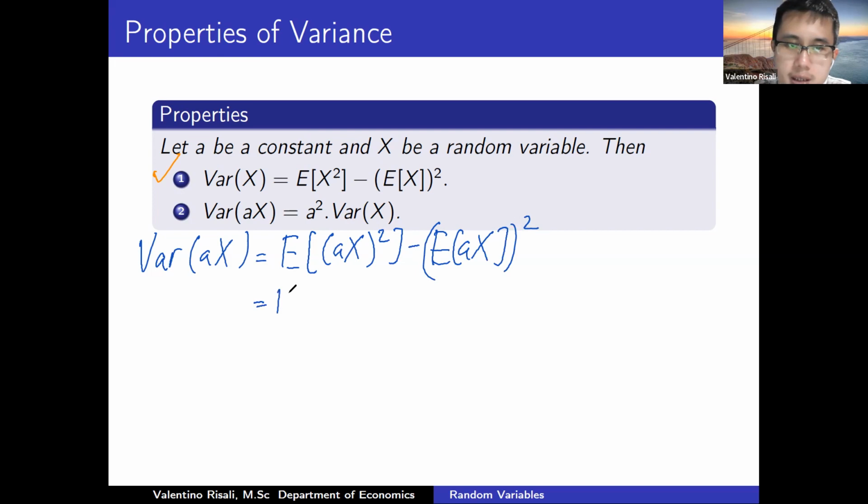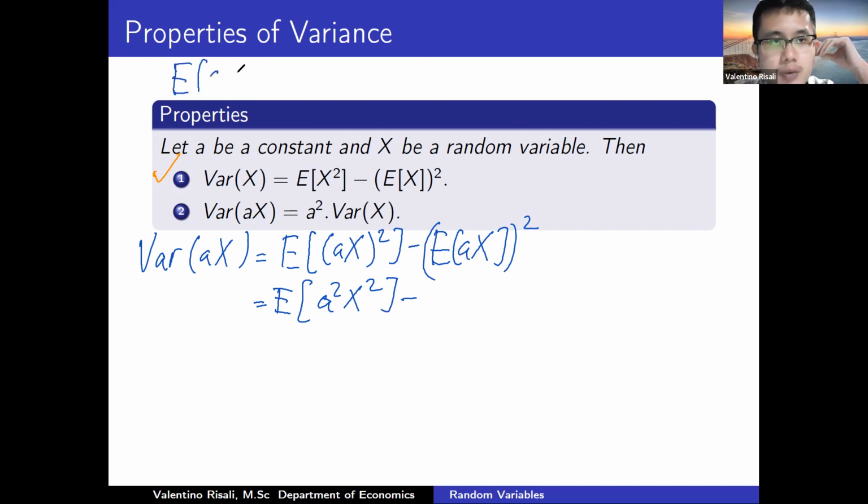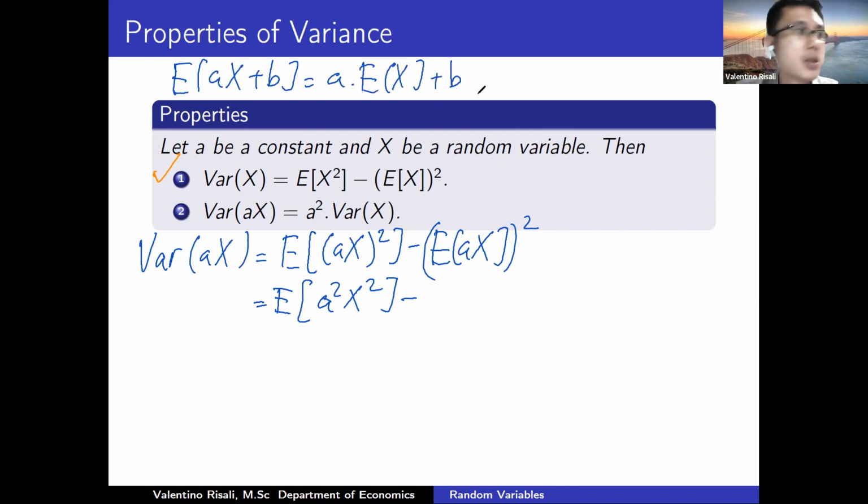The first term is equal to a squared times EX squared. Minus, from the previous property of expectation, we get E of aX plus b.